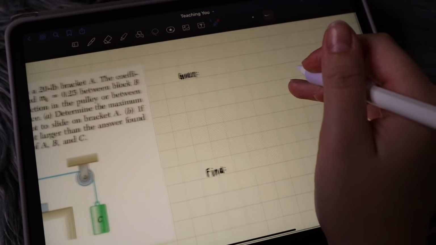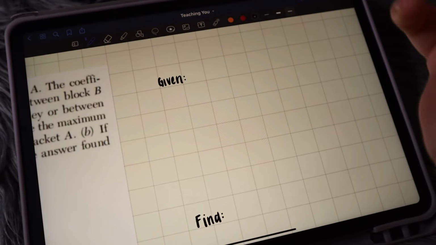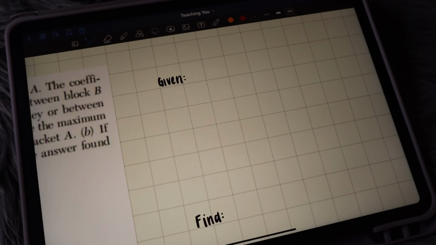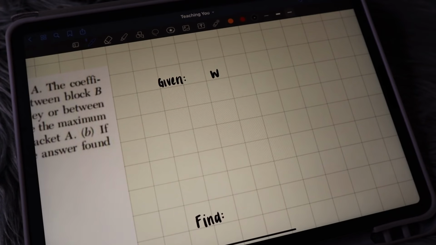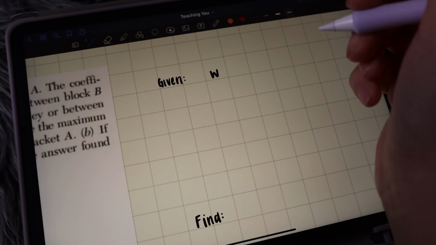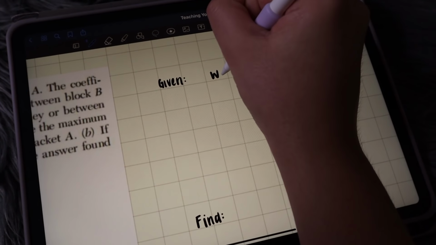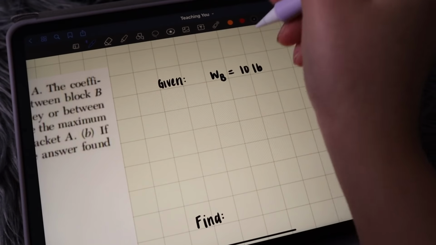Alright, so let's write down everything that we are given, okay? So we're given the weight of B, that is 10 pounds.